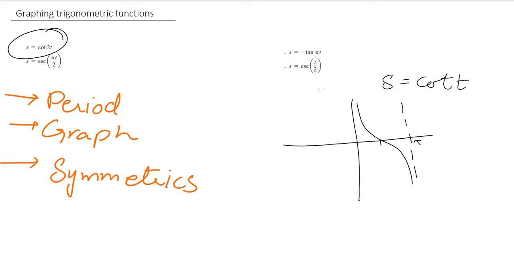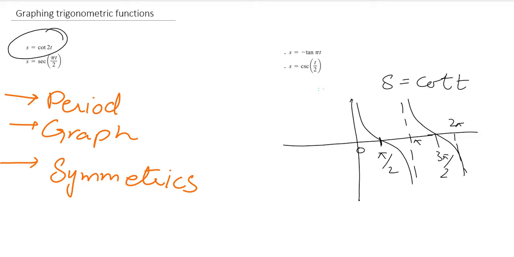Here is our pi, the midpoint is pi by 2, and over here it's 0. Again the graph will be in this shape. The center point will be 3 pi by 2, and it ends up over here at 2 pi. So this is the fundamental or basic graph of s is equal to cos t.